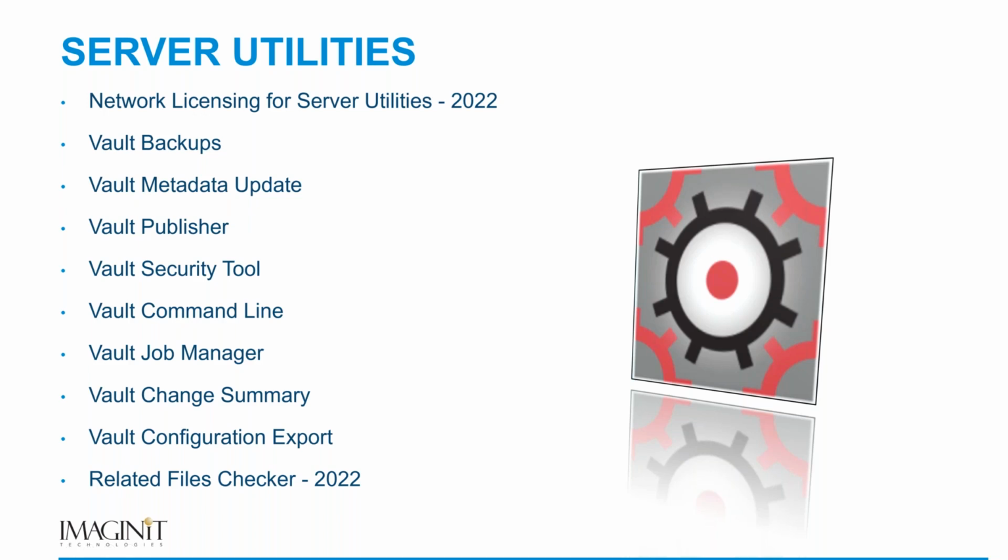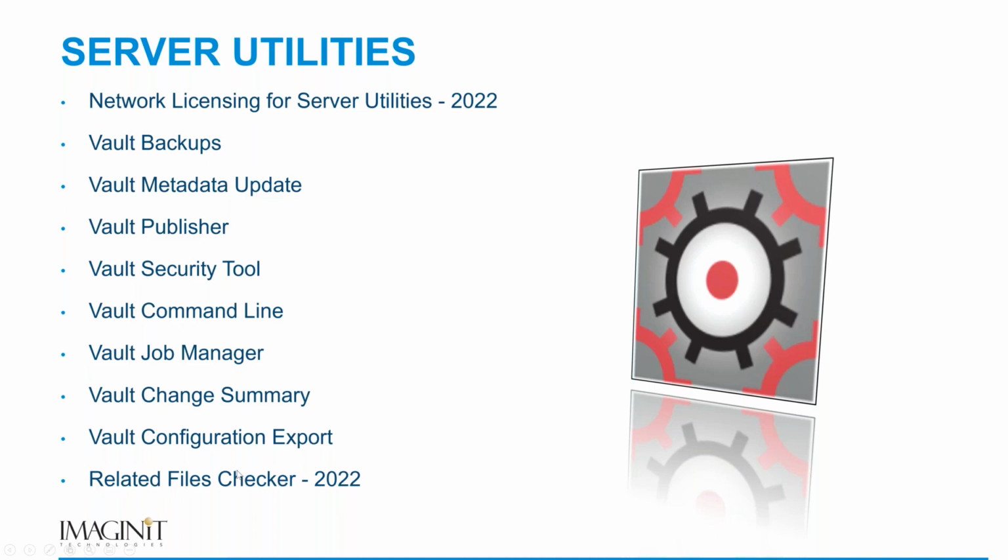That's brand new. One of the most popular ones with our utilities, it's always been the most popular, is our Vault backup. And we have some enhancements we'll see in a minute for that. Our Vault metadata update, again, we'll go through these in a minute.